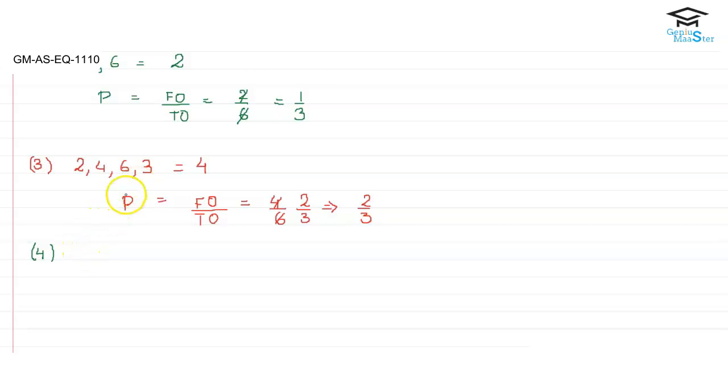It should be a multiple of 3 as well as it should be an even number. So only 6 is such a number which is a multiple of 3 and also an even number. So our favorable outcome is only 1. So probability would be equal to favorable outcomes upon total outcomes. So this will be equal to 1 by 6. So this is our probability of the fourth part.